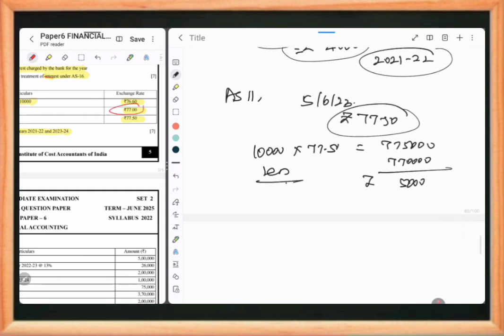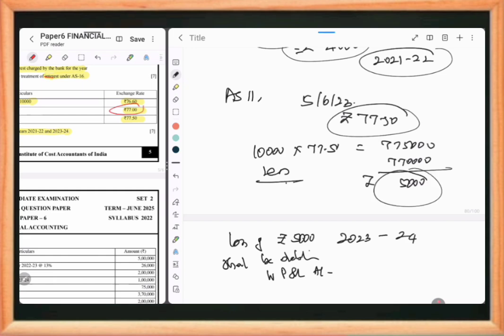It will be debited in the year 2023-24. So a loss of rupees 5,000 should be debited to the P&L account. So this one is the correct answer. So that is the treatment. We will see the next question.